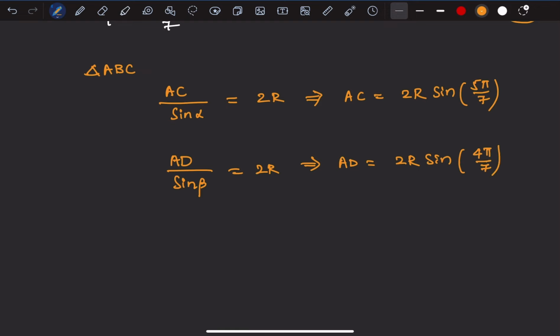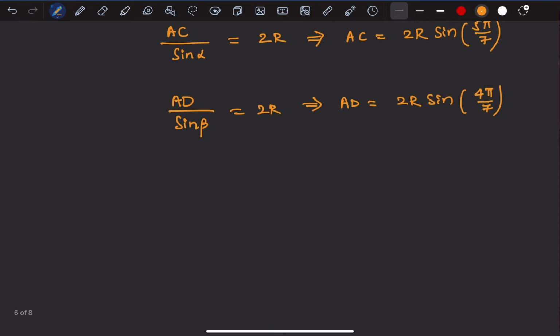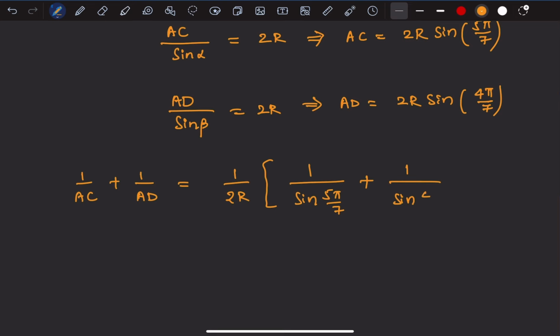This is also derived. Now you have to find out 1 by AC plus 1 by AD. That will be 1 by 2R multiplied by (1 by sine 5 pi by 7 plus 1 by sine 4 pi by 7).